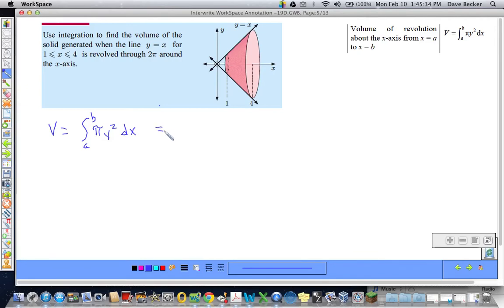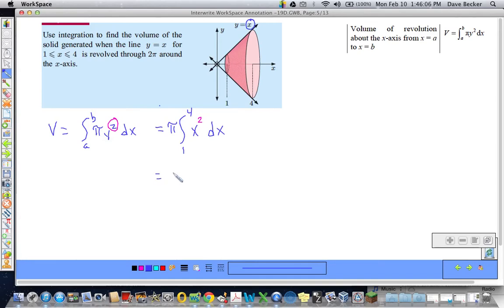Okay, so for this case, that's going to be the integral from 1 to 4. I'm going to factor out the pi. And what is y equal to in terms of x? Well, it's just simply the line y equals x. So I'm going to put in x. Very important, it's the function squared. So in this case, it is x squared. Don't forget to square that function. That's a common mistake. dx.